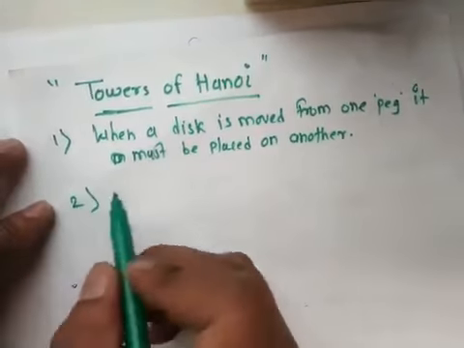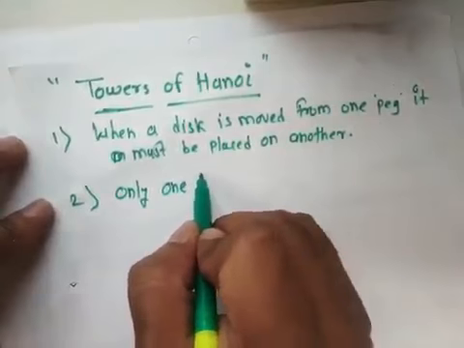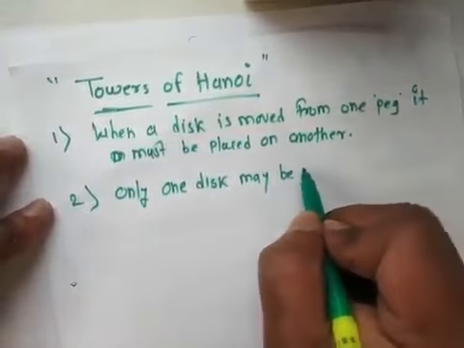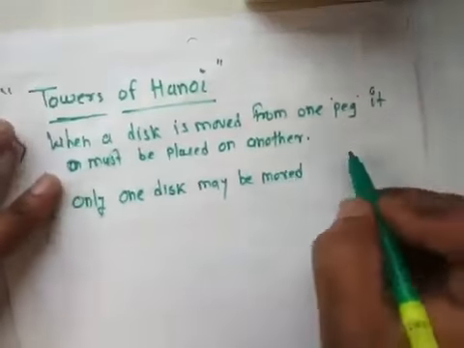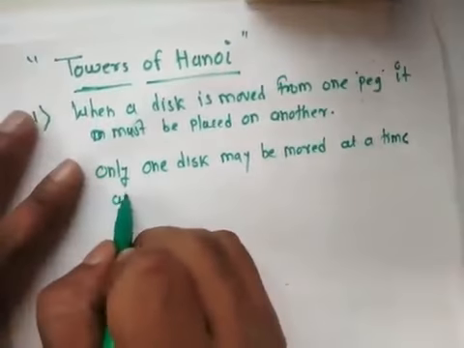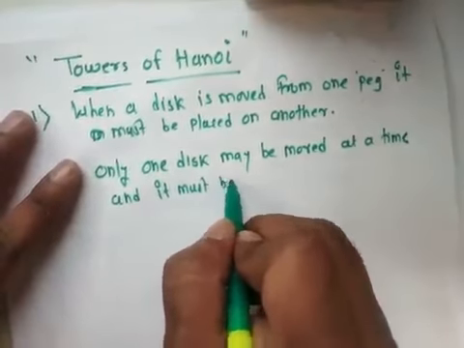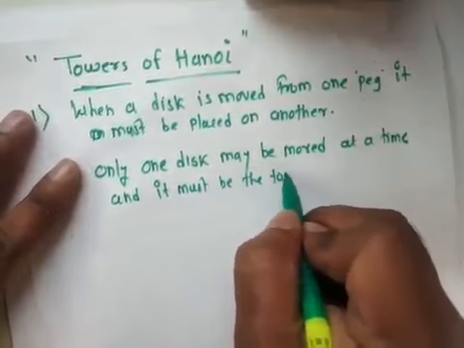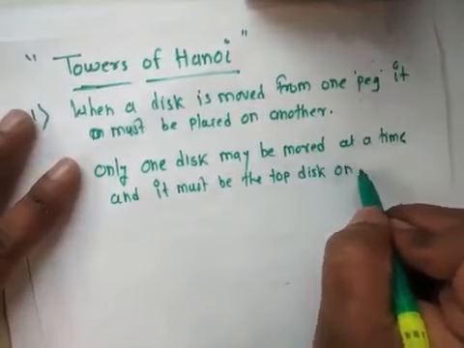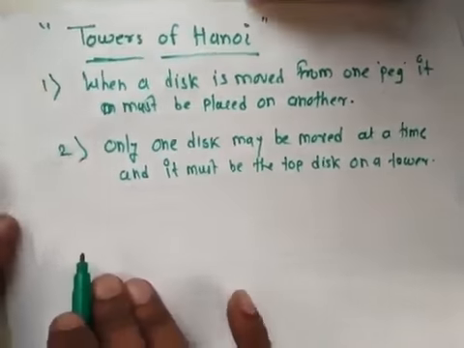Then the second rule is, only one disc may be moved at a time, and it must be the top disk on a tower. Okay, this is the second rule.